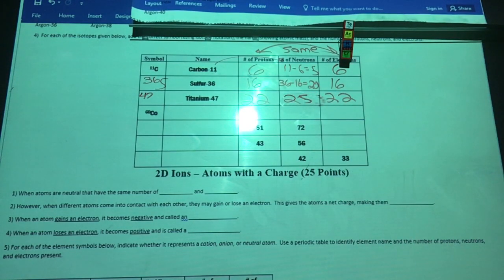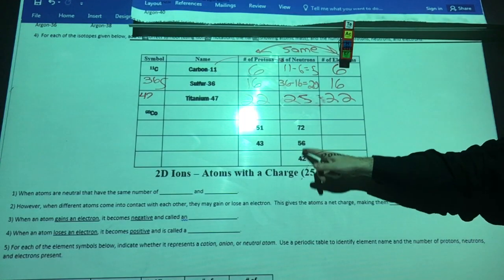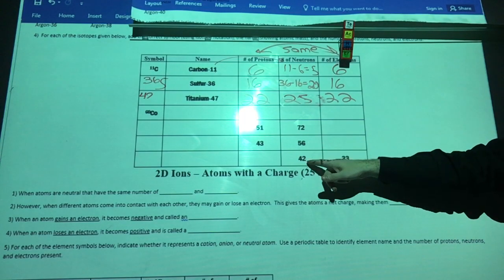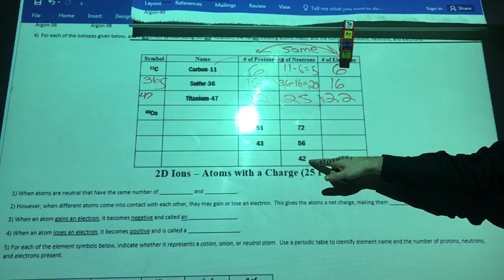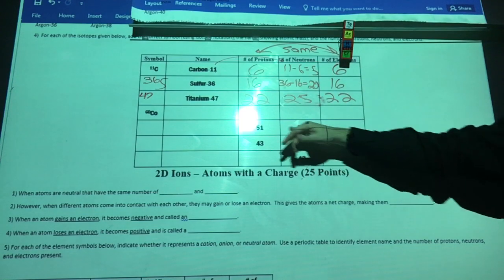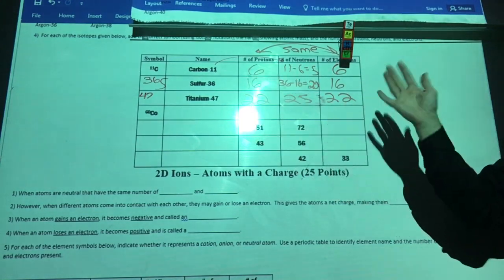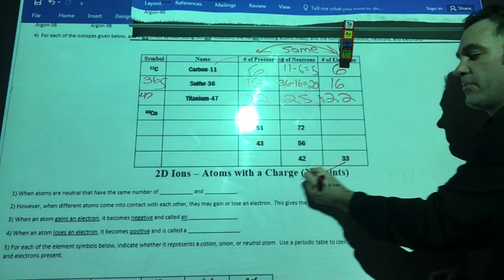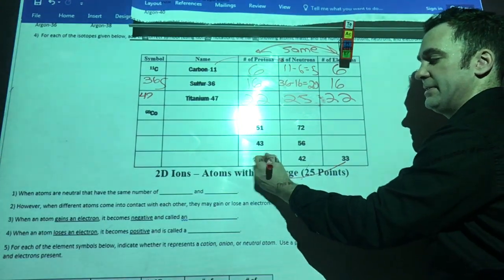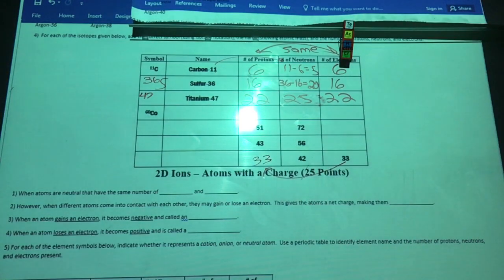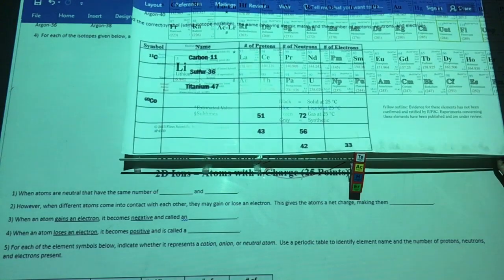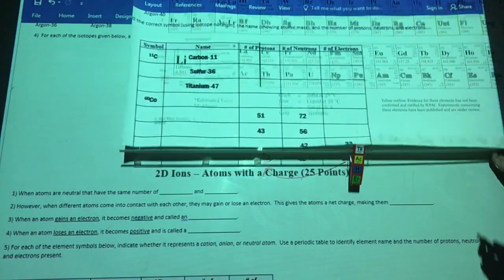All right, I'll do one of these here. Next one is probably the toughest one. I'll change all these numbers, but it'll look exactly the same. 33, protons are equal to electrons. That's 33. 33 is arsenic.